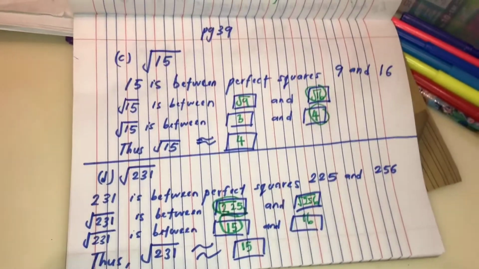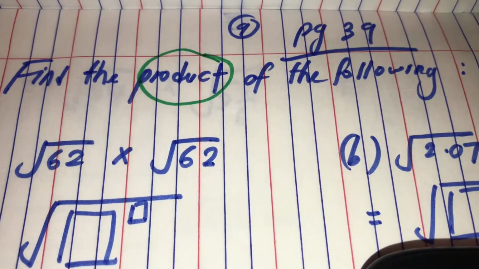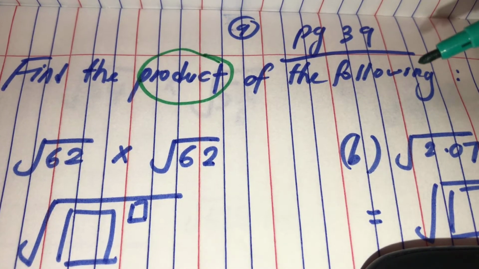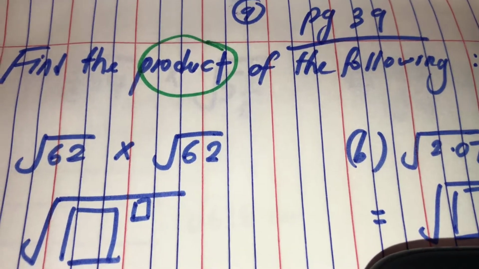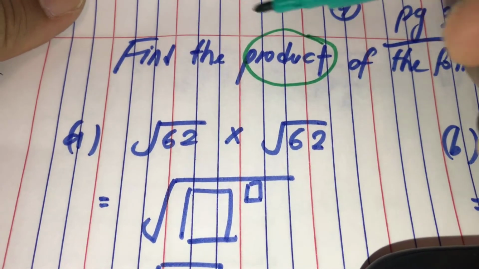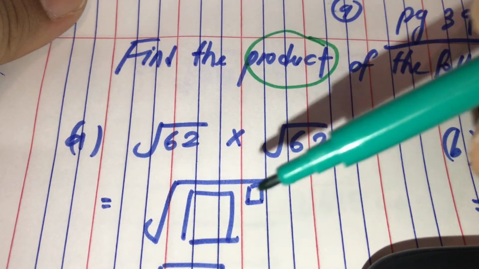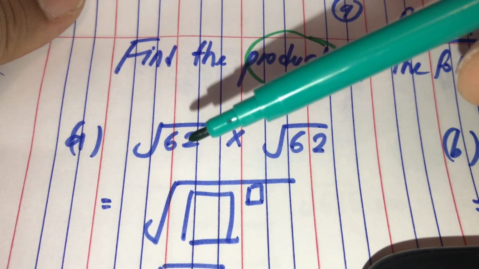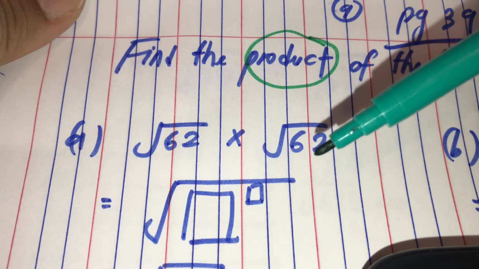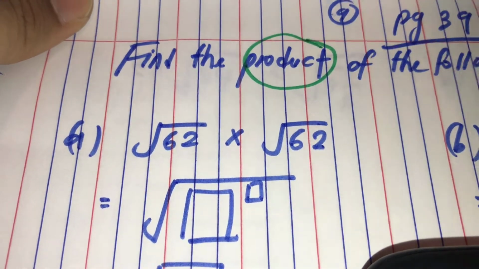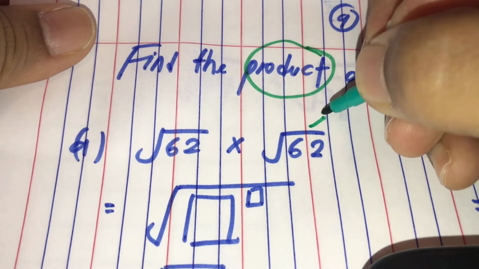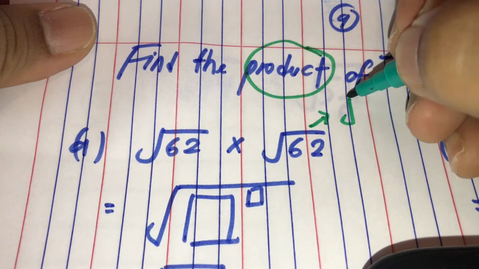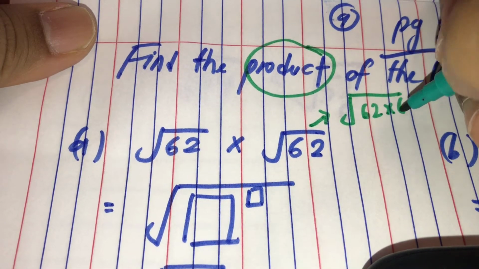Okay, then finish. Find the product of the following, page 39. The product means when you multiply two values. The answer we call it product. So find the product, square root 62 times square root 62. If you multiply square root with square root, you can straightly write square root of 62 times 62.